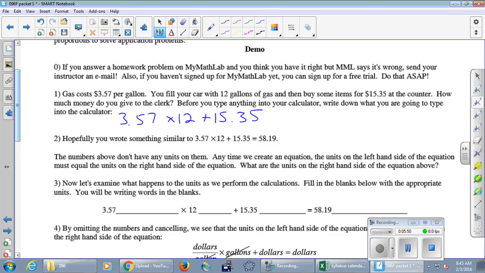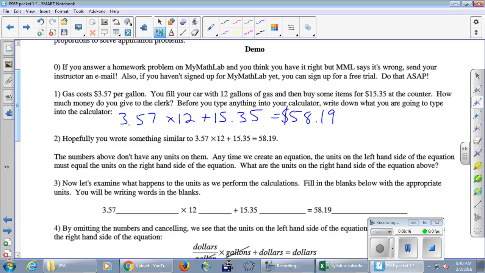Okay, so I'm hoping folks wrote something like this. You take the $3.57 per gallon, multiply by the 12 gallons. That tells you the cost of the gas. You add the $15.35, type it into a calculator. And it turns out it's $58.19. No problems, right?